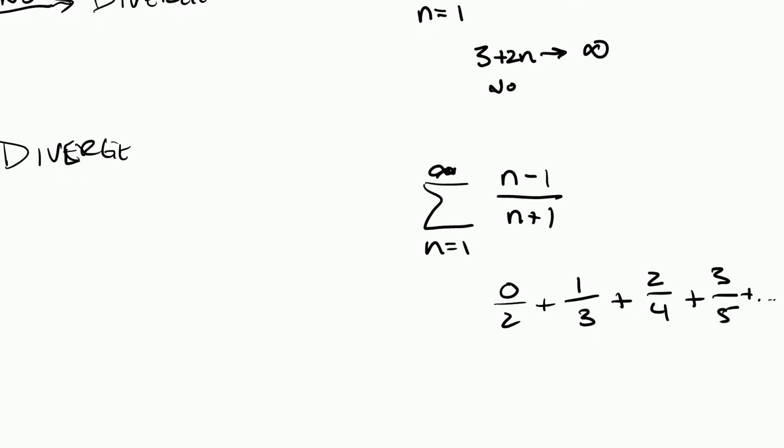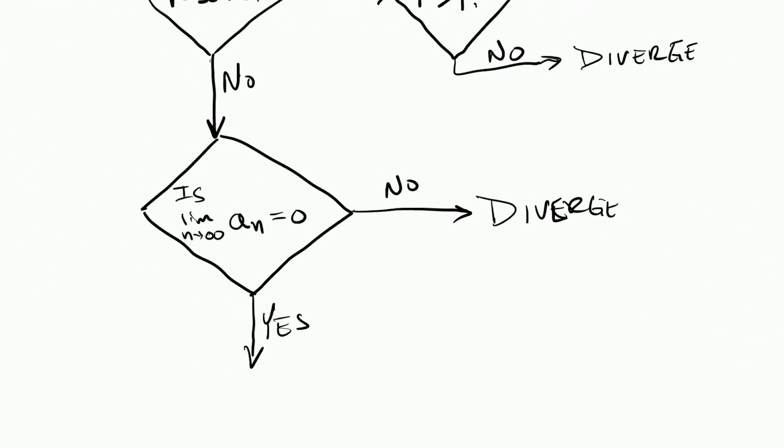Does that converge or diverge? I can tell you right now that this will diverge, because I keep adding together numbers that get closer to 1. As n gets big, this fraction gets close to 1, so it's like adding together a bunch of ones. If you add 1 plus 1 plus 1, you're never going to converge to anything. So that will diverge as well. That's what this refers to.